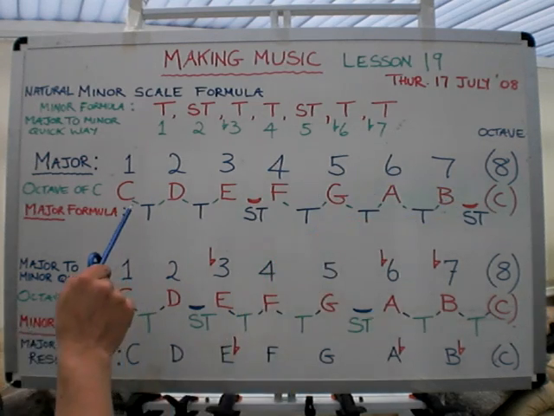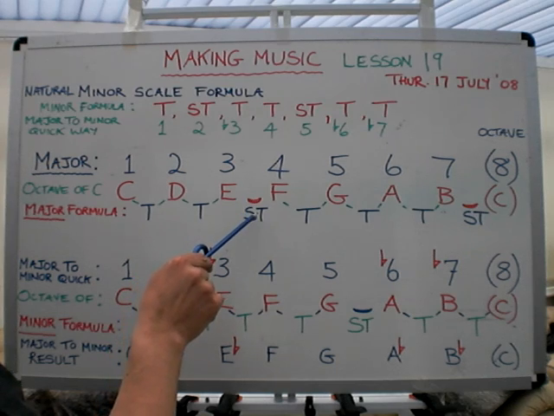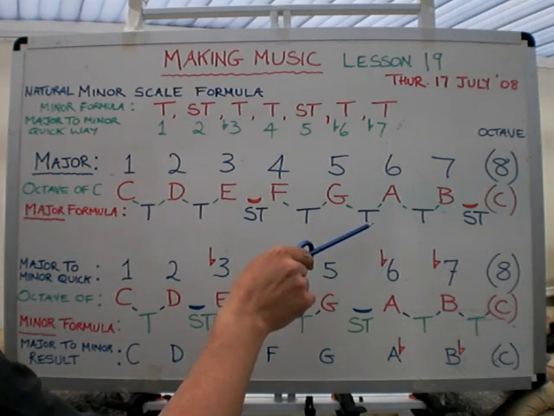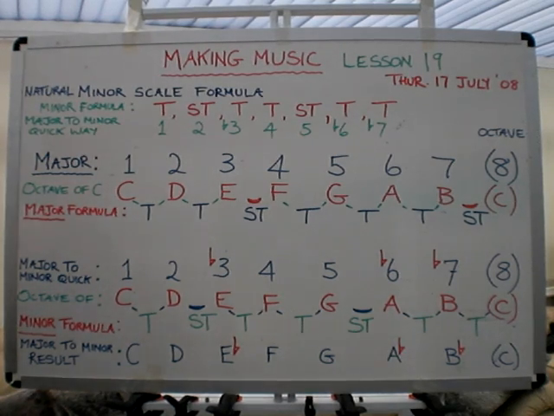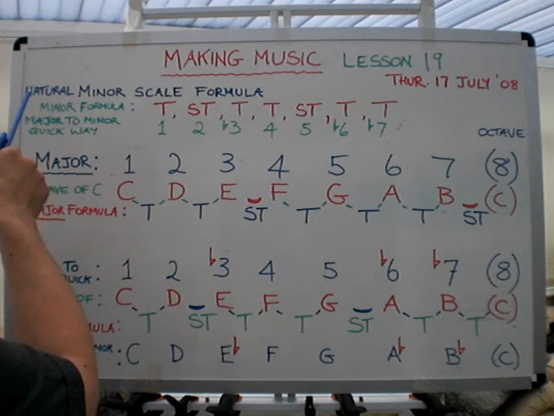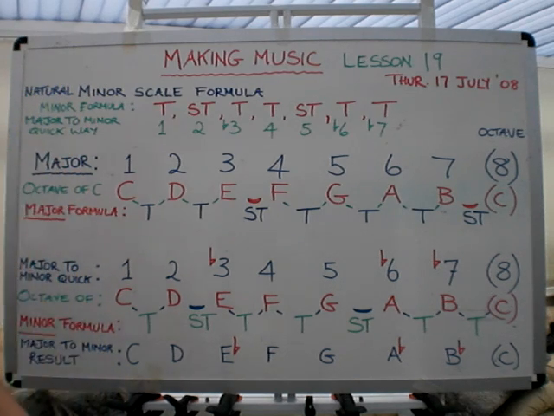Tone, semitone, tone, tone, semitone, tone, tone. Now a lot of people generally don't know that, and there's another significance we're going to deal with later called the relative minor scale.